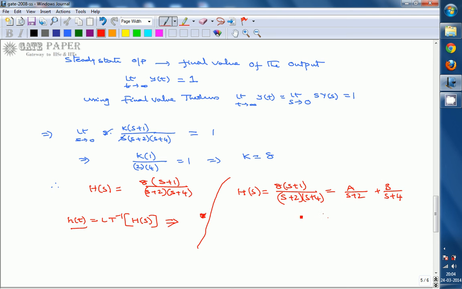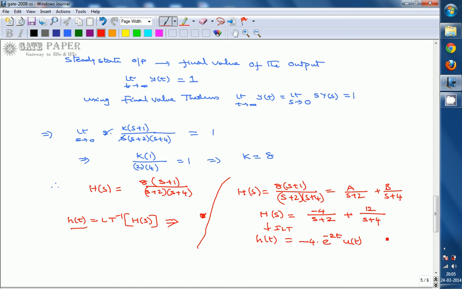Then by calculating the A and B values, we get A equals -4 and B equals 12 here. So we will get H of s equals -4 by s plus 2 plus 12 by s plus 4. Applying the inverse Laplace transform, we know that the inverse Laplace transform of 1 by s plus a is e power minus at u of t.